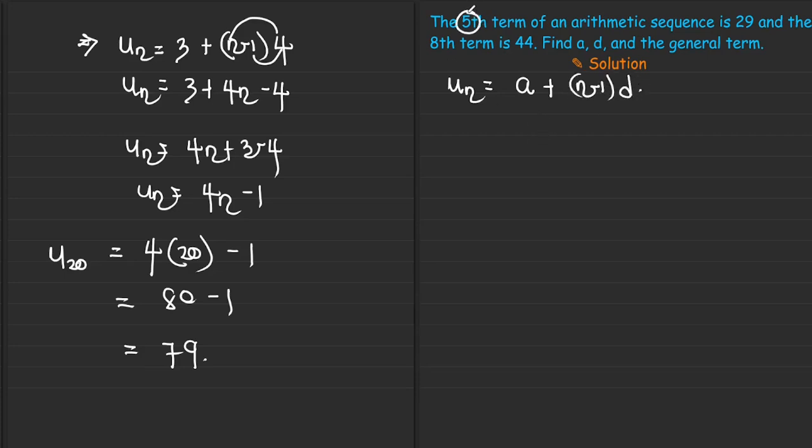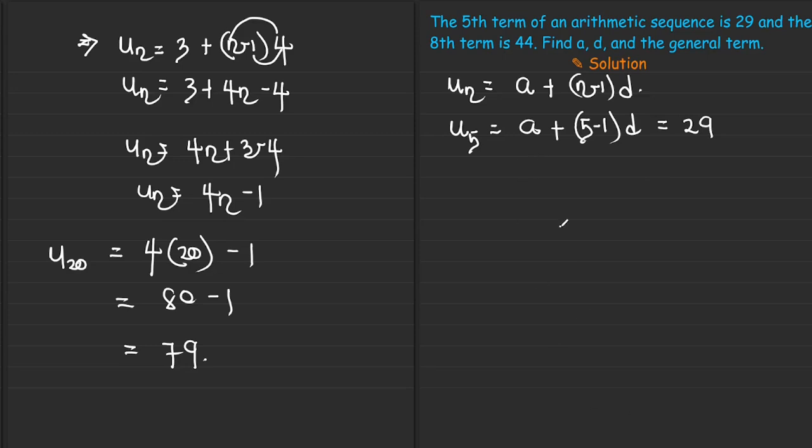If you are being told the fifth term, that is to say U5 is equal to, using the same general term, we have our A, which we don't know yet, then plus our 5, which is the value of n. So 5 minus 1, then D. And in actual sense, this fifth term is equal to 29. So you can equate it to 29.